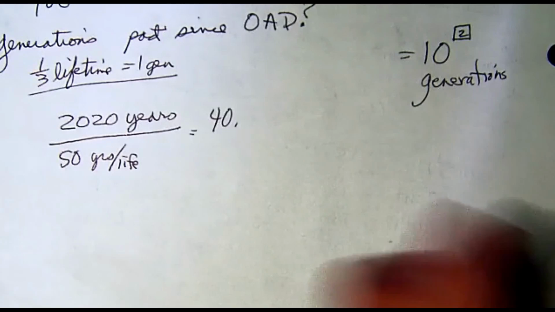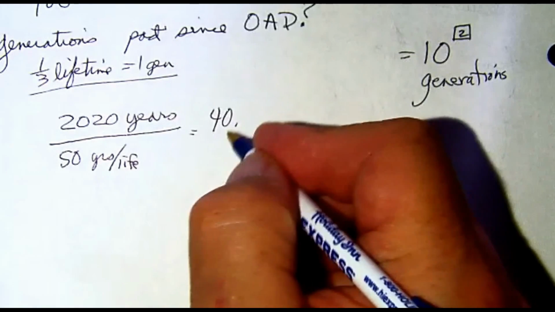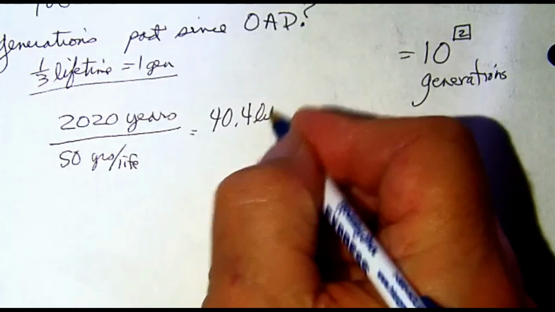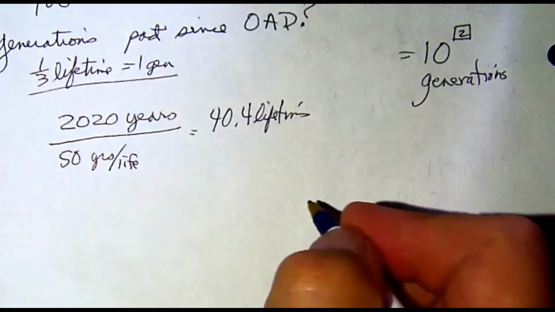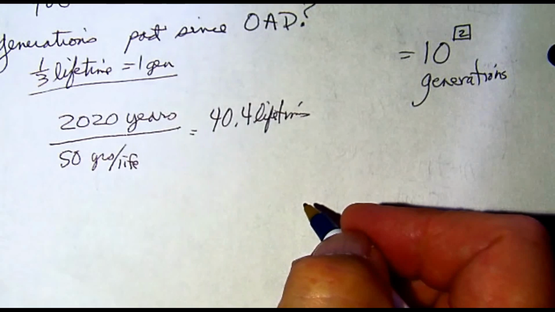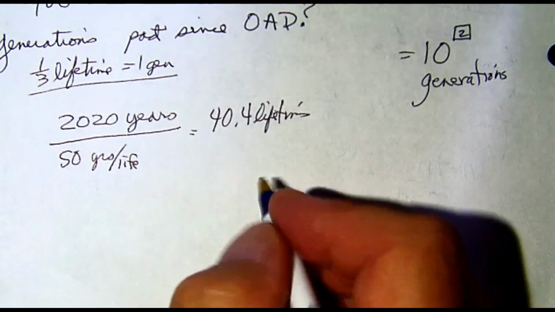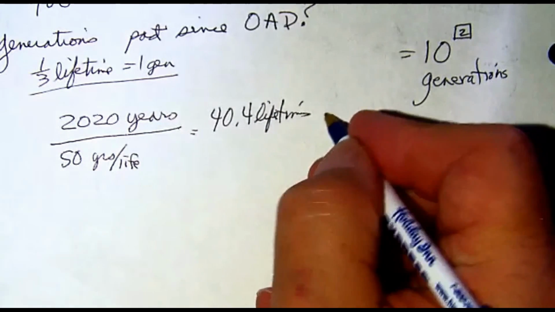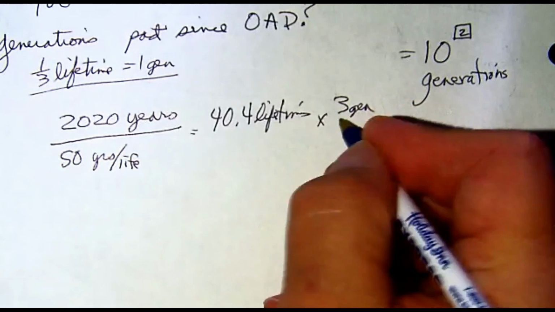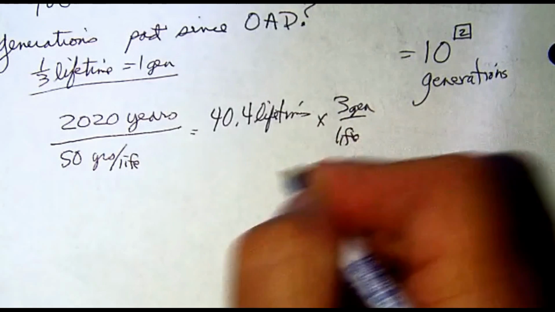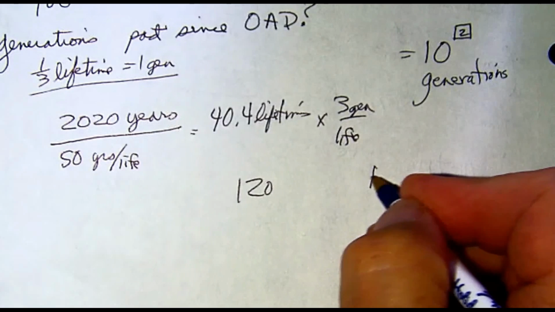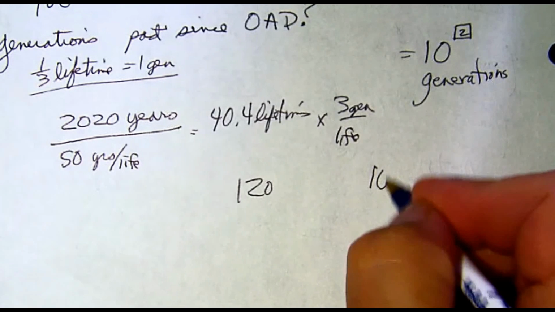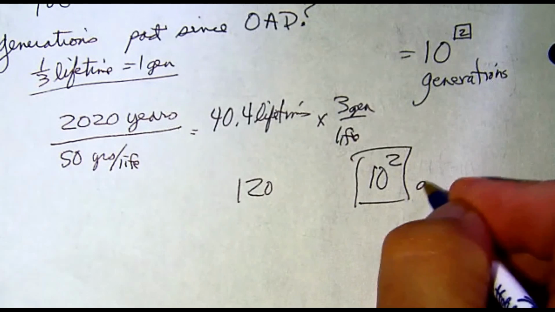Okay. So now I've got 40.4 lifetimes. That means from grandparent to grandparent kind of thing. So there's 3 generations per lifetime. So that makes 120, which rounds off to 100, which is 10 to the 2nd generations.